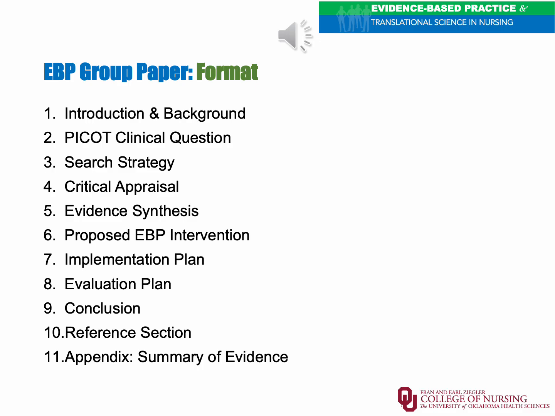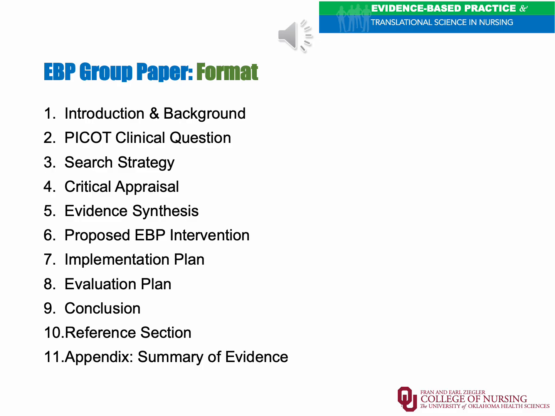The fourth part of this paper is your critical appraisal. Here, you need to critically appraise each selected study using appropriate tools for quantitative or systematic review design. The purpose of this section is really to demonstrate your ability to assess the validity, the reliability, and the overall strength of the evidence, and make sure to have a summary of evidence as part of your appendix.